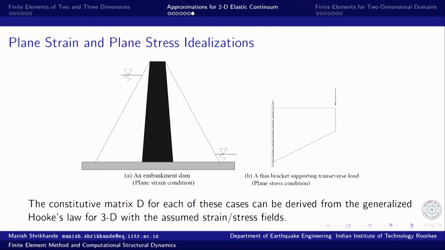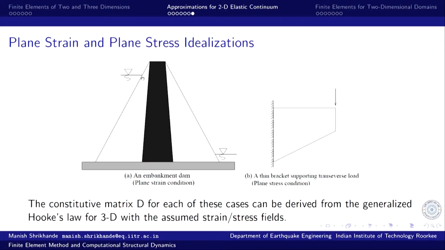Now, coming to the example of plane strain problems and plane stress problems. So, for plane strain, consider the embankment dam. So, there is a cross section, this is an impervious core, and there is an upstream slope, and there is a downstream slope, and this is of course the impounded reservoir, and this is the downstream flow water level.